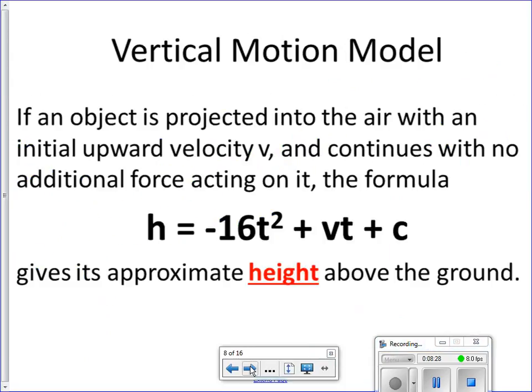All right, we have another vertical motion model in this lesson.